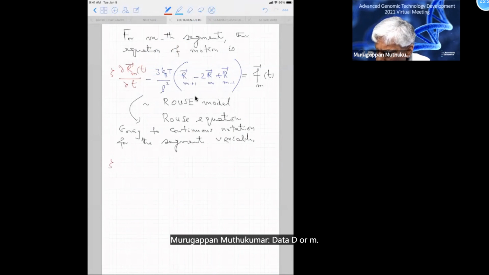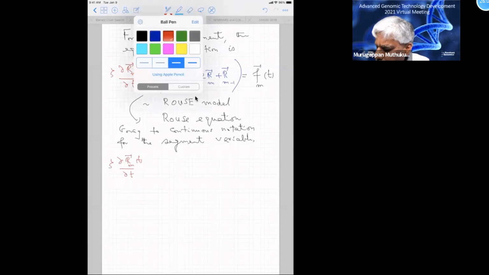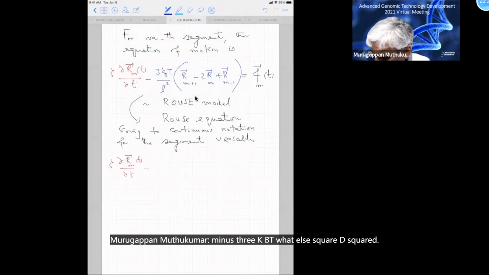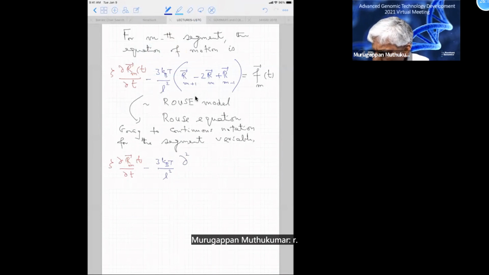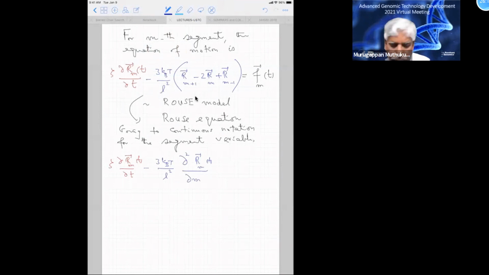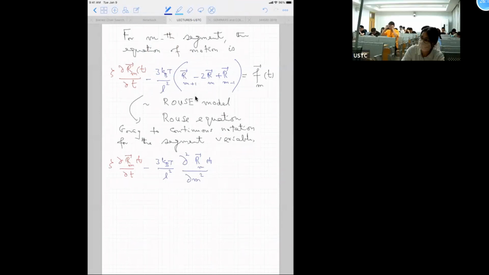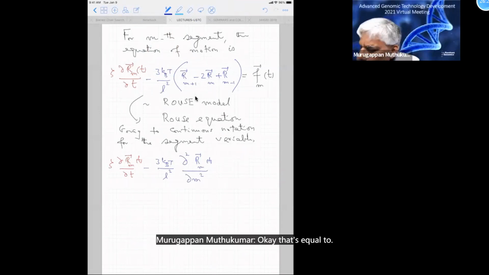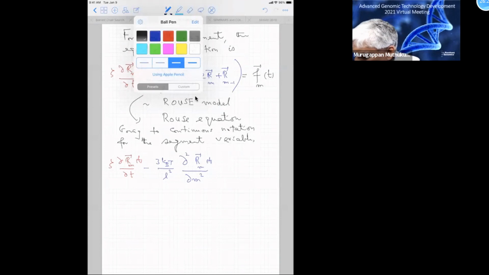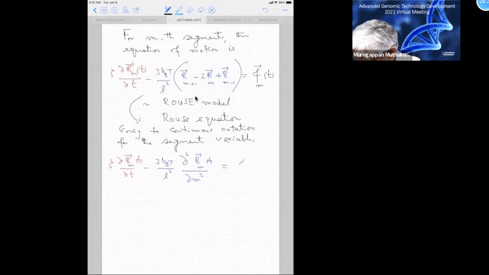Zeta dR m t by dt minus 3 kBT over L squared d squared R m at t by dm squared, and that's equal to f m t.